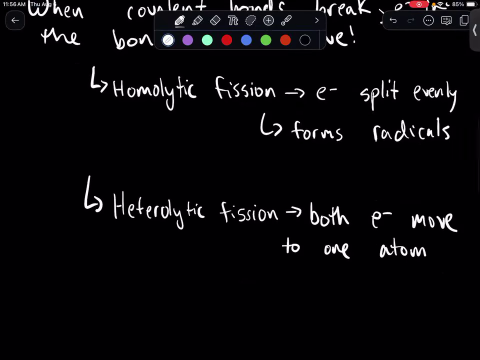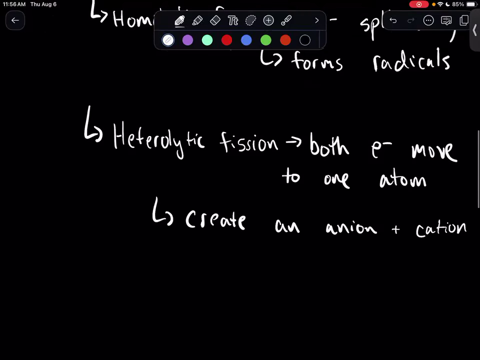Now, if they're moving both to one atom, this is always going to create an anion plus a cation. Because they were sharing evenly before, and now one atom has one more electron than it started with, and one atom has one less electron than it started with. So we're going to be creating two oppositely charged ions.